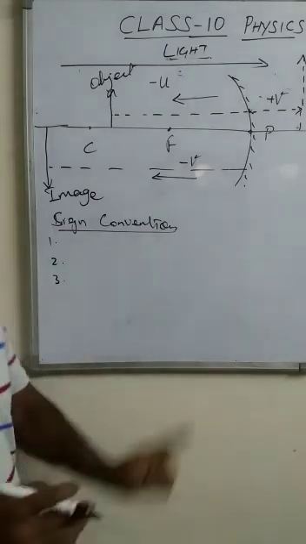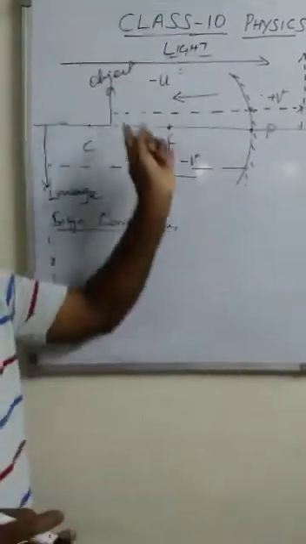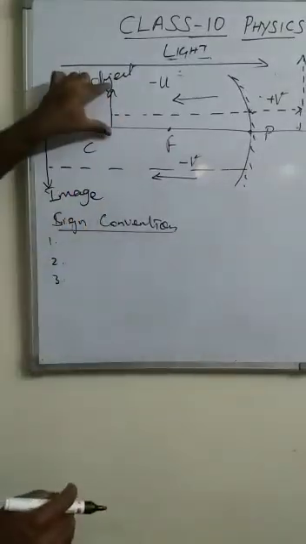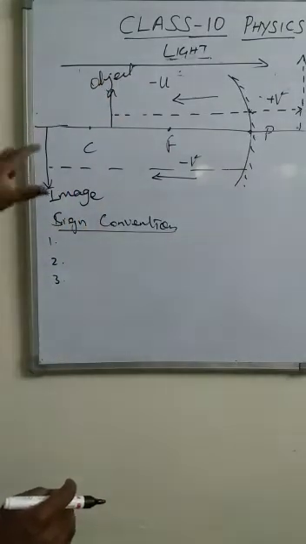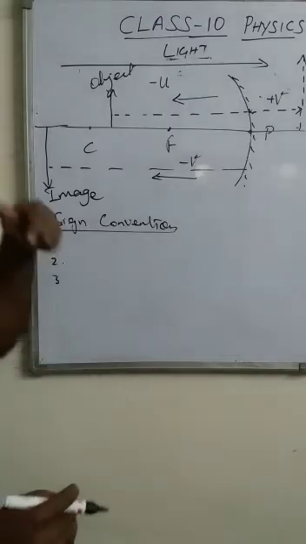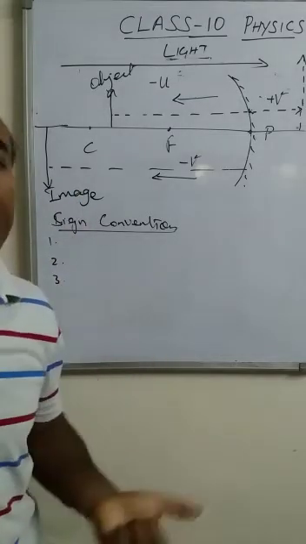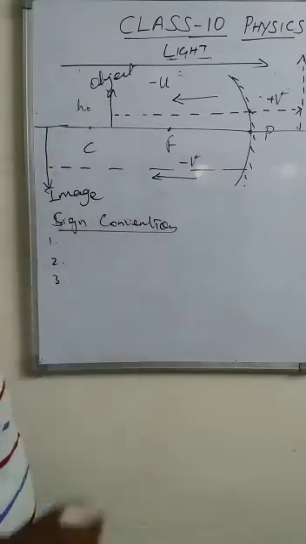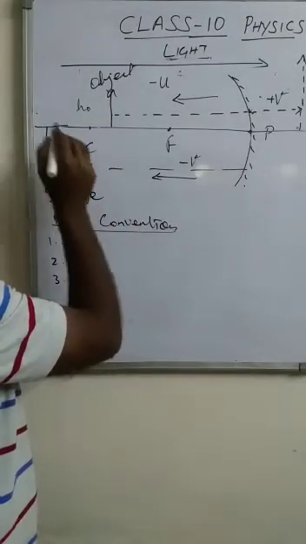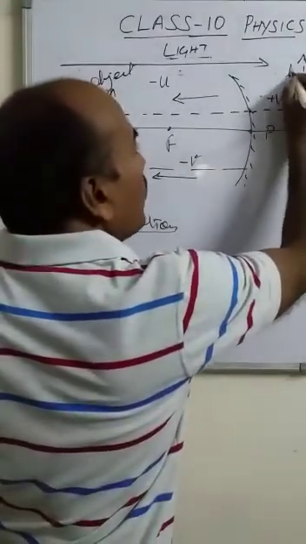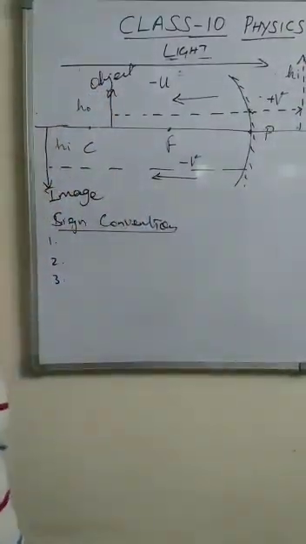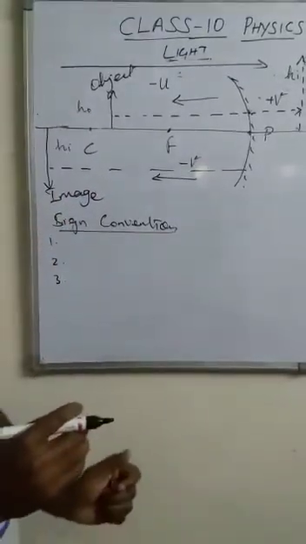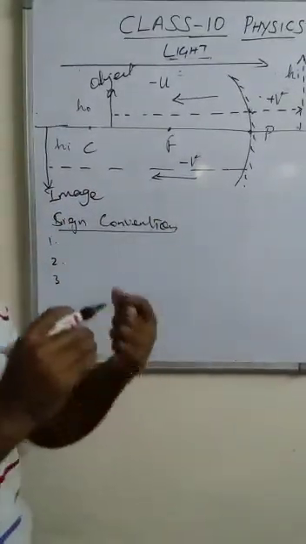Linear means they only have one measurement, length. Otherwise we can use the word height. So this is the height of object. This is the height of image. This is also the height of image. We want to measure the size of this image, otherwise height of image or height of object.